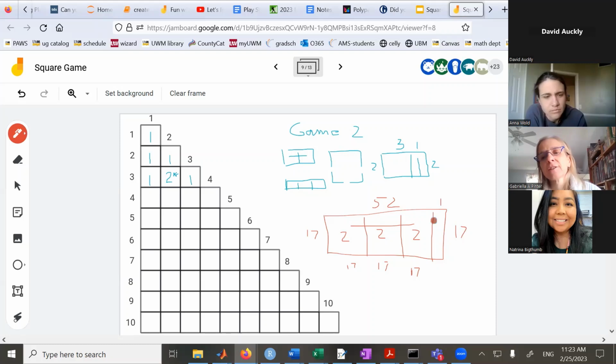So the largest square you can draw in is a 1 by 1, but you can draw in 17 of them. So player 1 will draw in all 17 of those 1 by 1 squares, and that ends the game. So the 17 by 52 game will have just 2 steps, and player 1 will win that game.